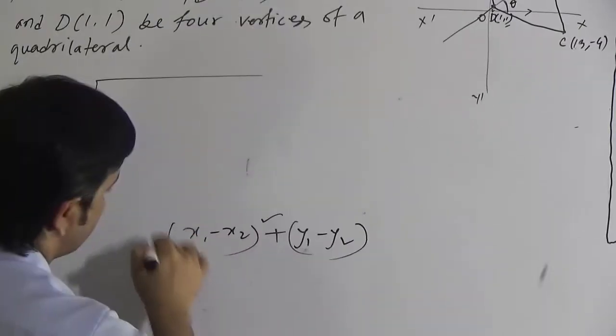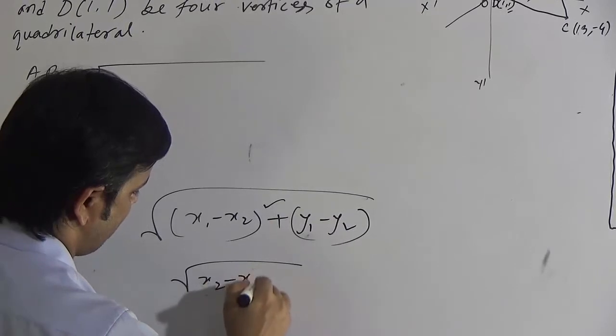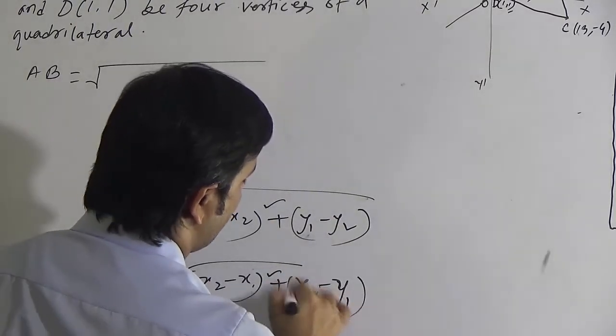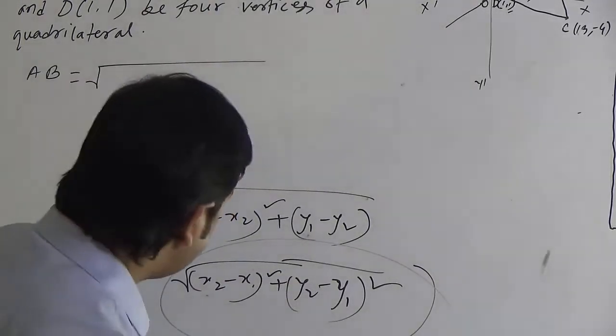We can write any one. The square root of this or the square root of (x2 minus x1) whole square plus (y2 minus y1) whole square will be the same. So we can apply any one to determine the length.